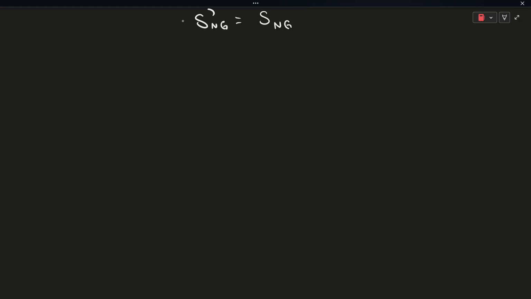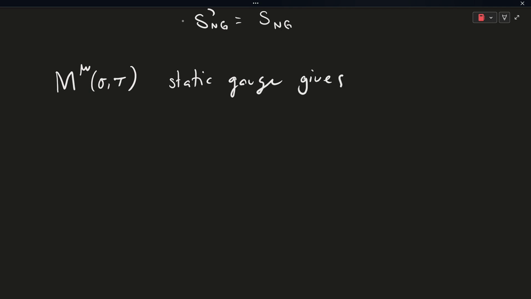So if X^μ is my string function of sigma and tau, then in the static gauge, what we want to do is fix the lines of constant tau by relating tau to the time coordinate.